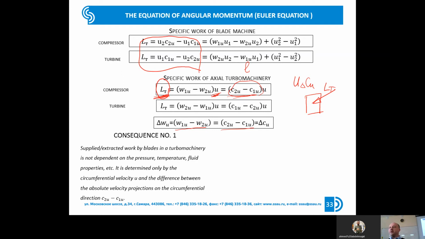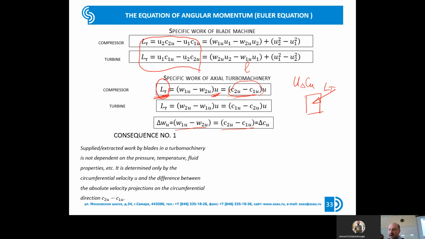If you realize a huge pressure ratio or a big temperature at the inlet, you could receive a very big value of energy inside your flow. But if your rotational velocity is small, or the turning angle, the differences of circumferential projection of the flow, are small, you couldn't extract this energy from the flow.